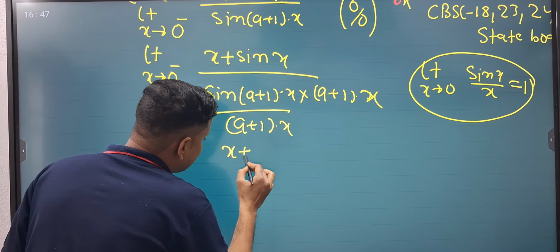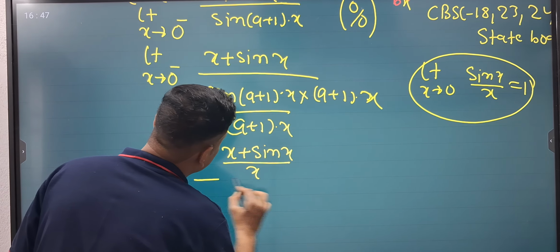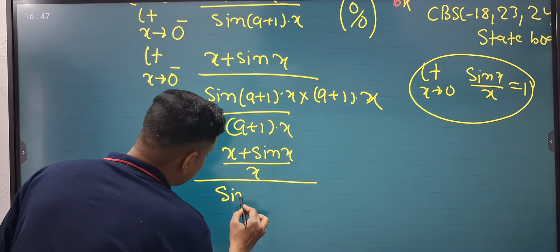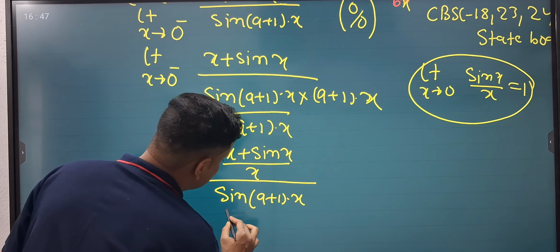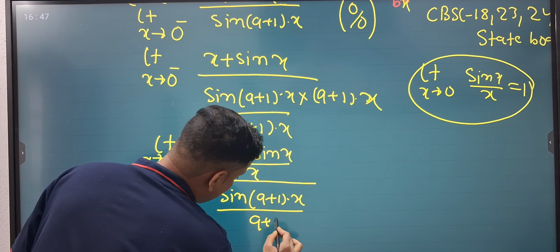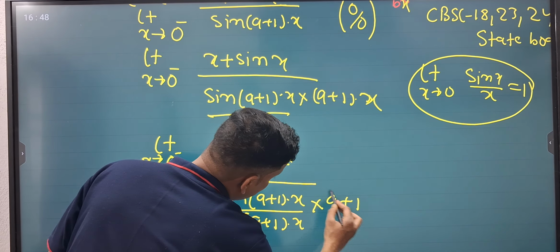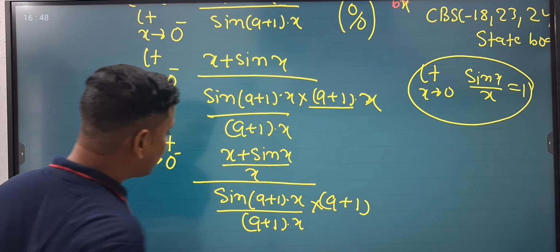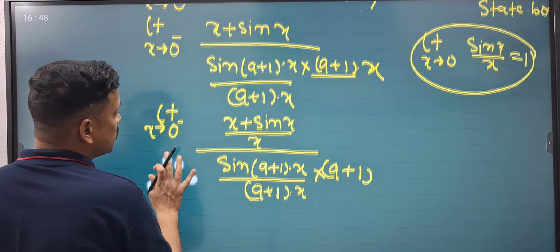So I can write it as (x plus sin x) by x, divided by sin((a plus 1)x) by (a plus 1)x, into (a plus 1) will be remaining. This x will go here for solving this question.